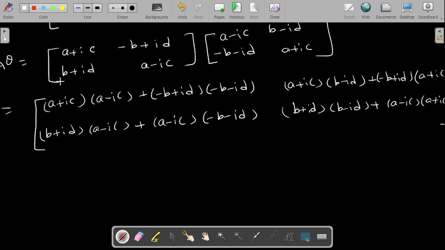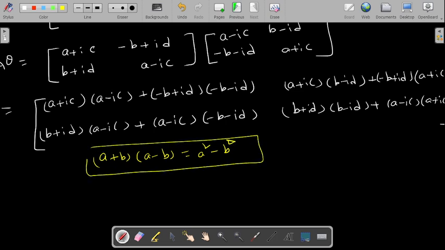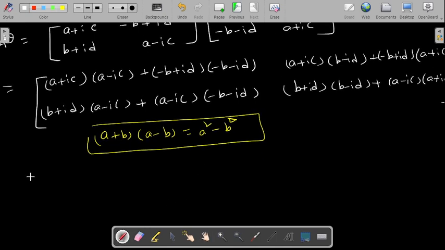Now we know that, for example, A plus B into A minus B can be written as a square minus b square. We try to take help of this formula. So now A plus iC into A minus iC is like a square minus b square, where b is iC.